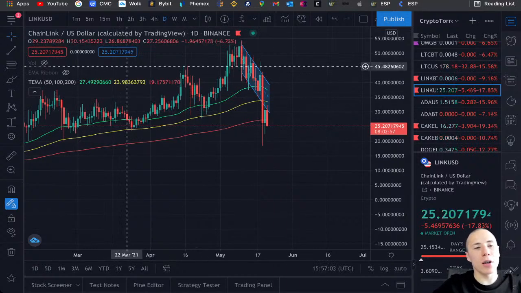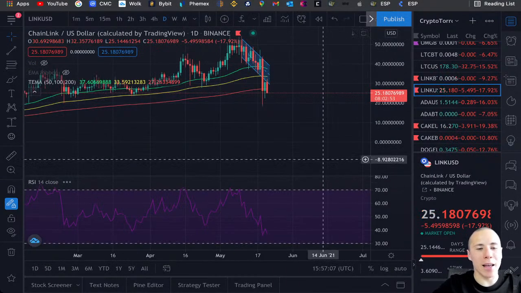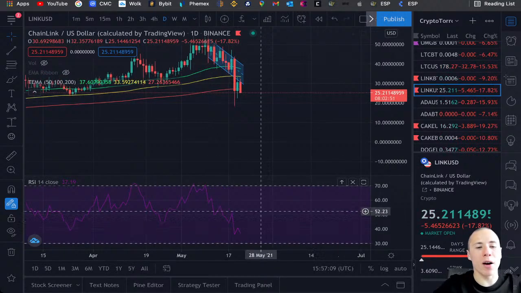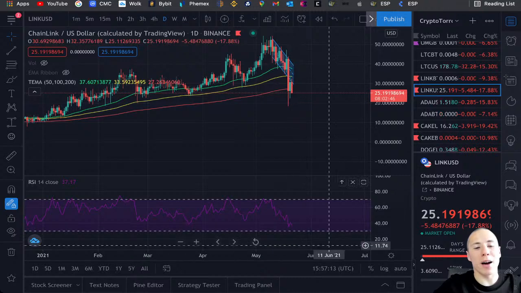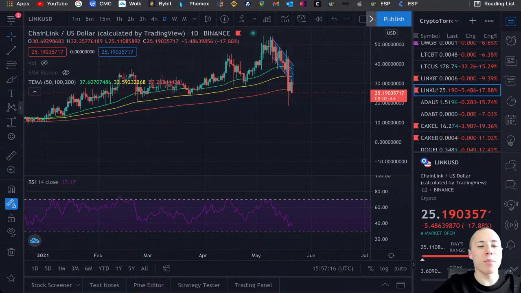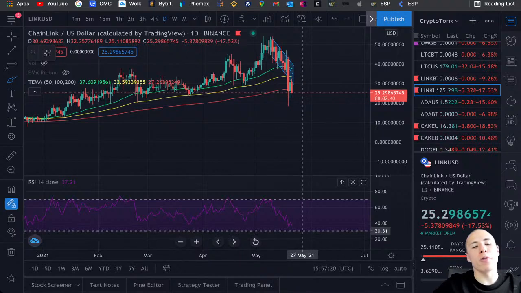And that is also why I will be enabling the RSI to take a look at it. What we are seeing over here is that we are on the RSI in the lower part of the purple box, and once we break underneath the dotted white line, we will be in the oversold area.